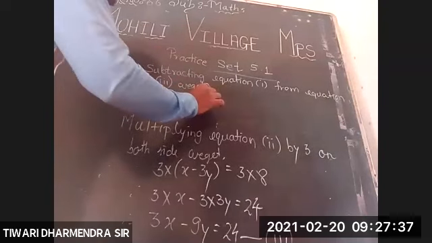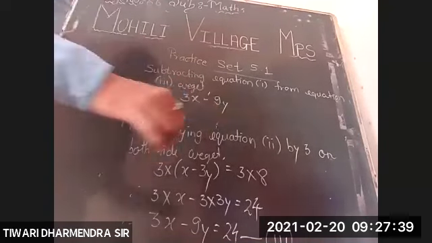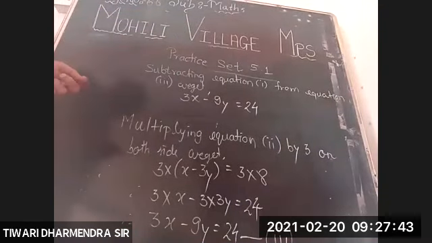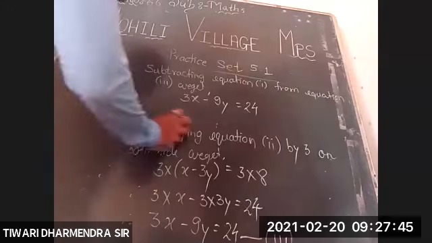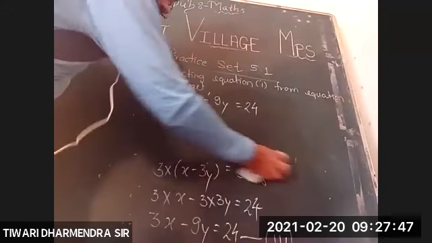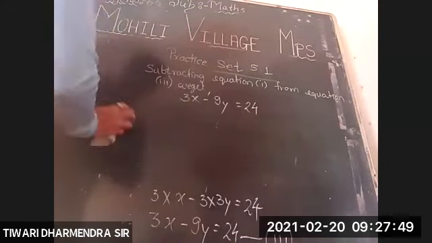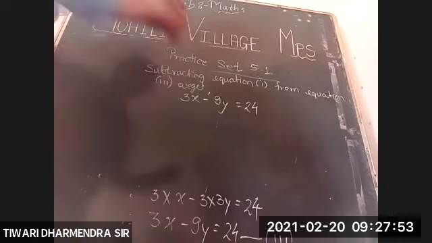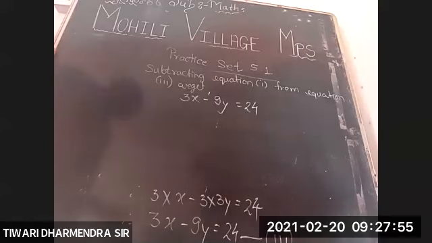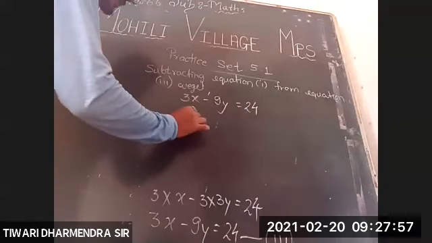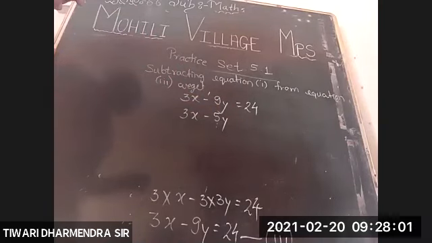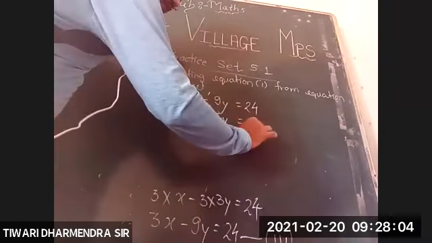3x minus 9y is equal to 24, and 3x minus 5y is equal to 16.